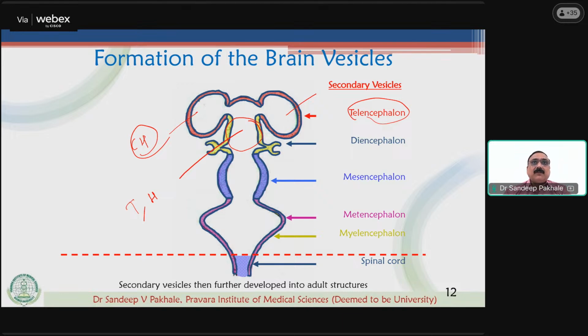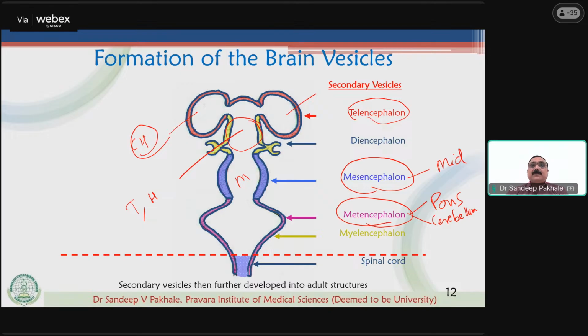The mesencephalon, or midbrain, remains relatively conserved. So this is the midbrain. Further caudally, the metencephalon develops into the pons and cerebellum.